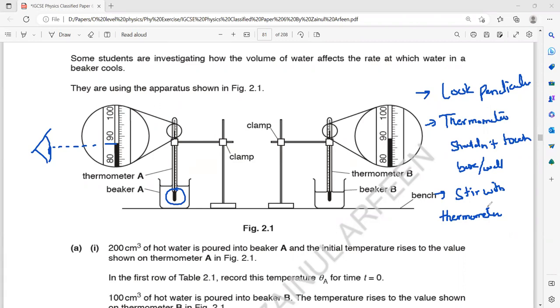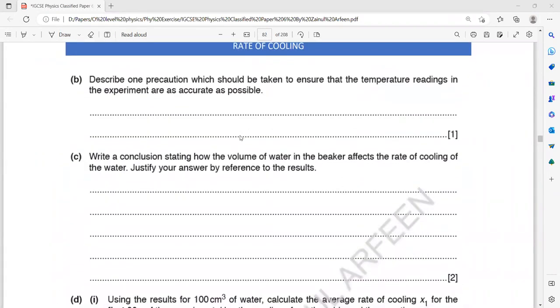So stir with the thermometer and record the temperature when it stops rising, when it reaches the maximum value. So three precautions we should take, and any one of the three is acceptable.